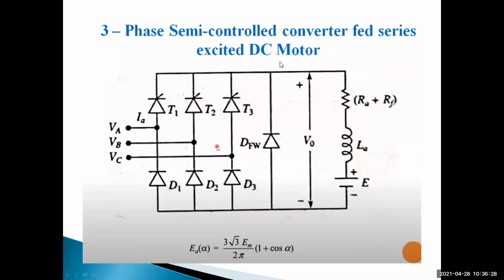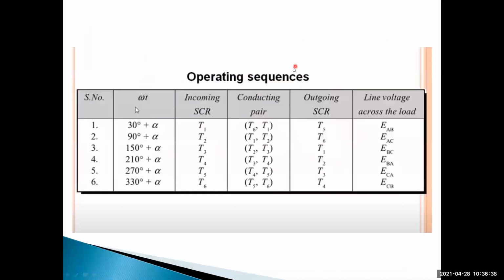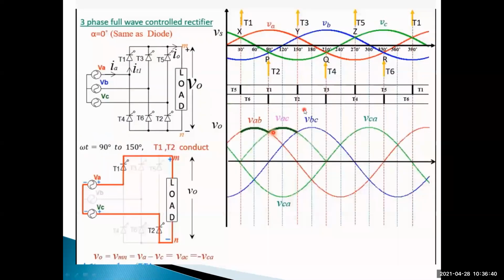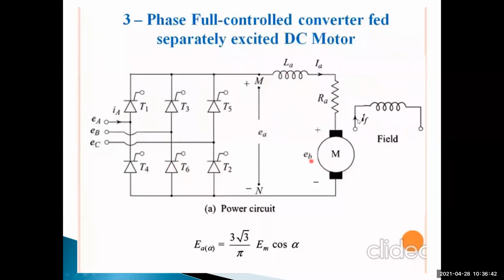Similarly, the three-phase semi-controlled converter fed series excited DC motor. The only difference from the previous drive is the motor; the operation of the converter is everything the same. Only the drive is different.